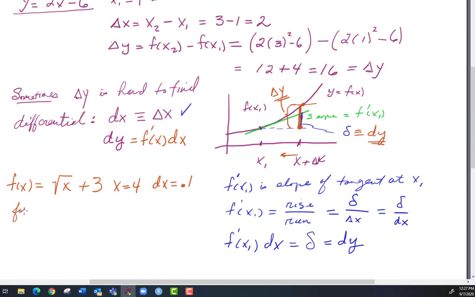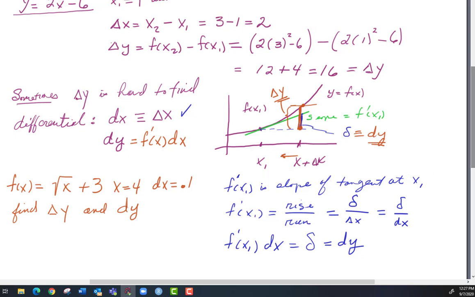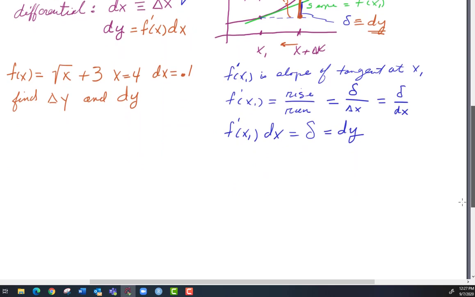And then the directions are to find delta y and dy. Now neither of those will be very hard to find in this instance, but that's good. Things don't have to be hard all the time.